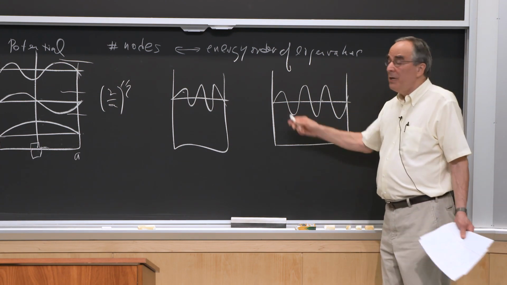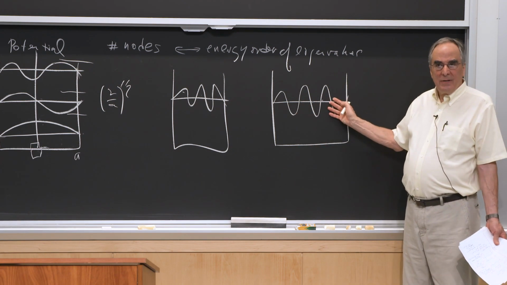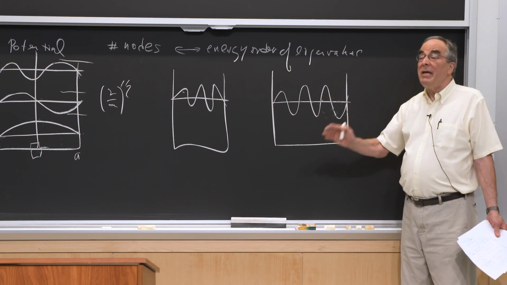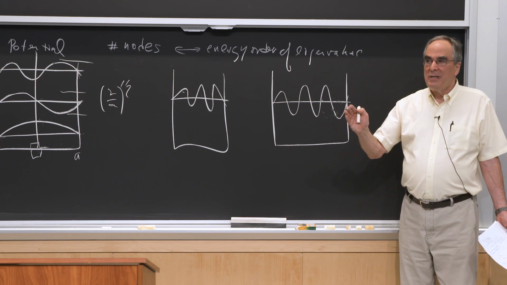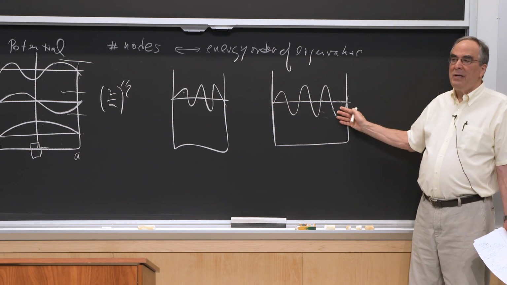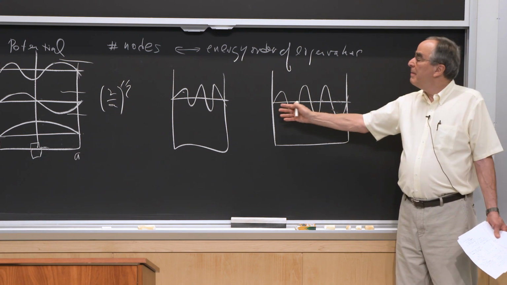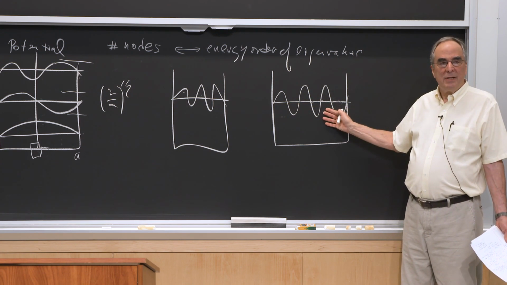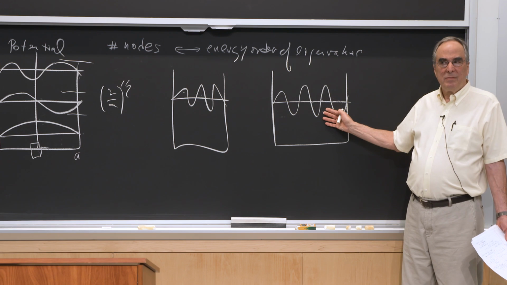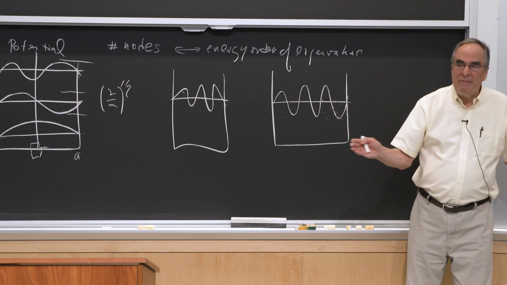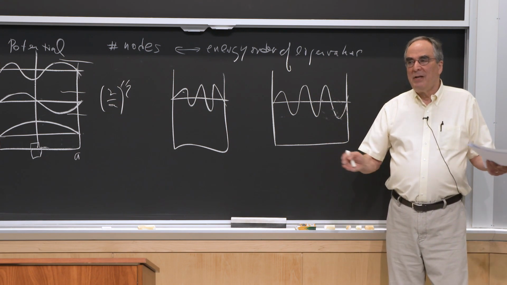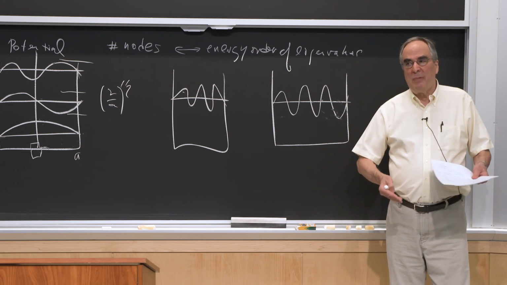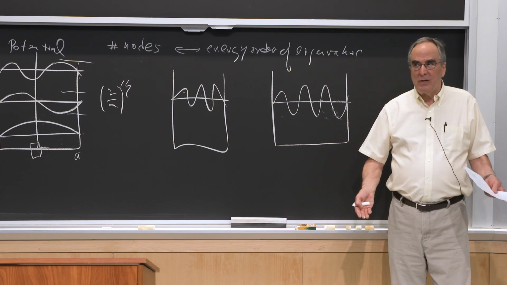Okay, now suppose nothing is moving, right? This is a stationary state. How would you experimentally, in principle, determine that the particle is in this n equals 6 state? Now, this can be a completely fanciful experiment, which you would never do. But you could still describe how you would do it and what it would tell you.